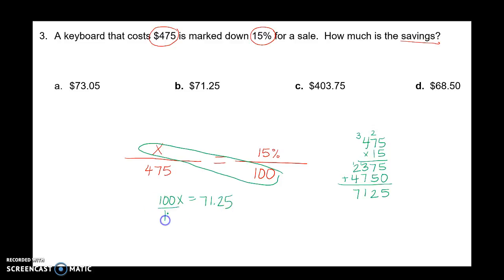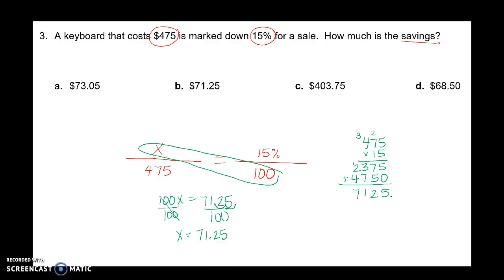And then I need to get x by itself, so I'm going to divide by 100. Sorry guys, I jumped ahead. 7,125, so my decimal was here. And then I divide by 100, so I move my decimal to the left 2 places. Sorry about that. So x is 71.25.